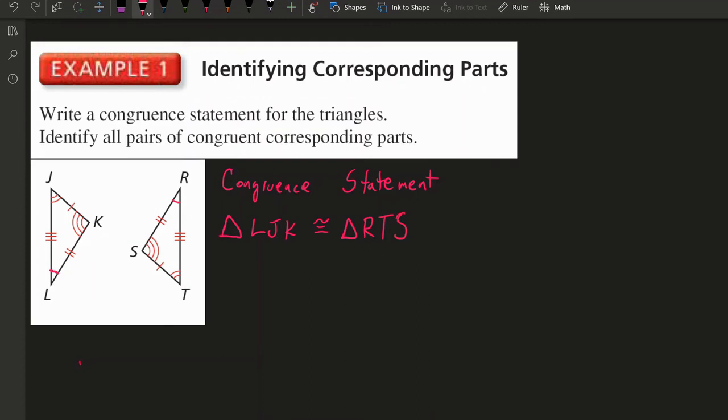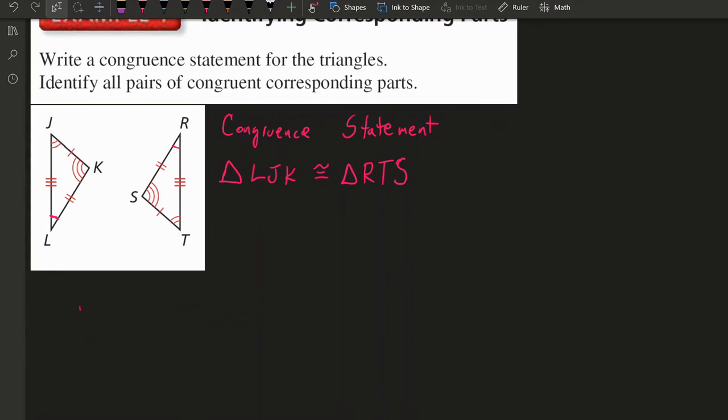Now, if I had chosen to go KJL, which would be the same triangle, I would change that by going STR. So there are a couple different correct ways to do this. Now, we're going to identify all the pairs of congruent corresponding parts. I like to do this by organizing it into angles and sides.